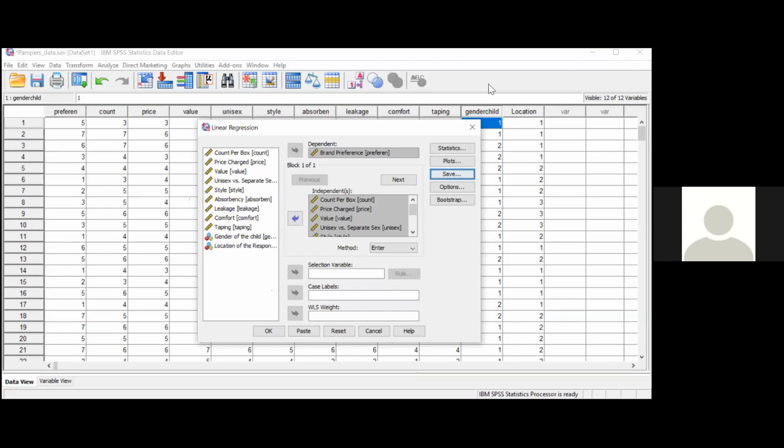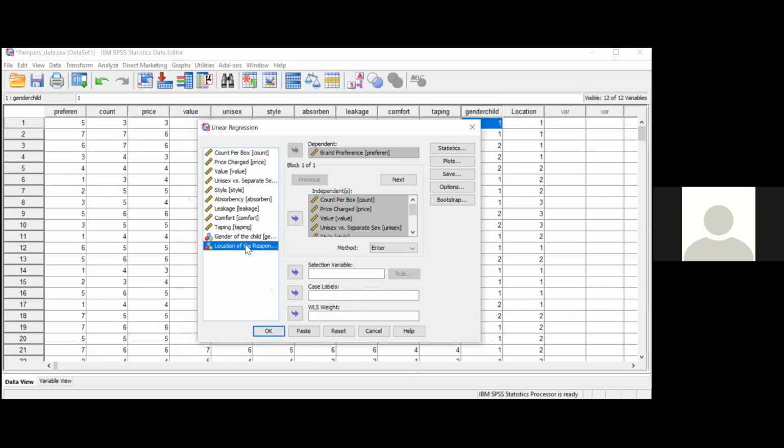The question is about the selection variable. Suppose this diaper is to be sold in a particular location only. We have 3 locations: 1 metro, 2 big cities, 3 towns. Suppose we want to sell this product in metro only.